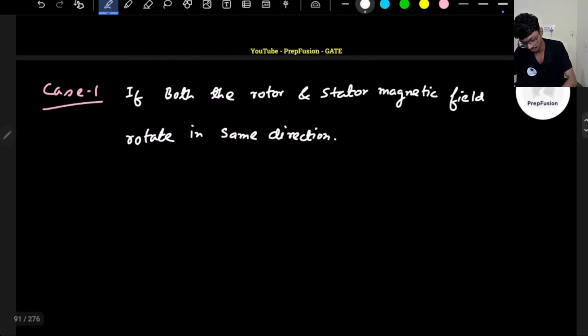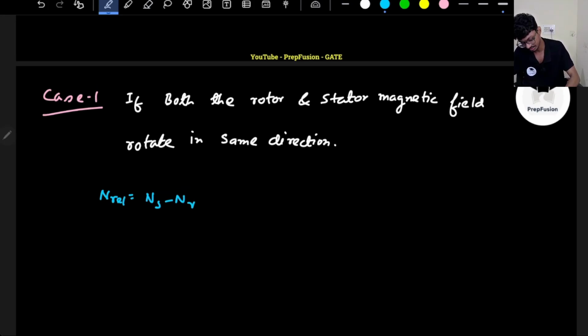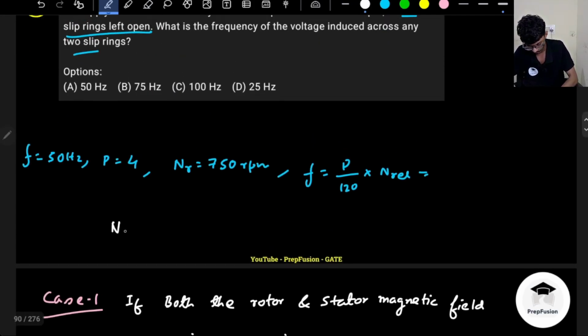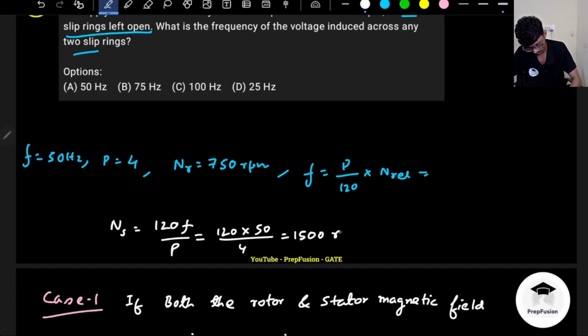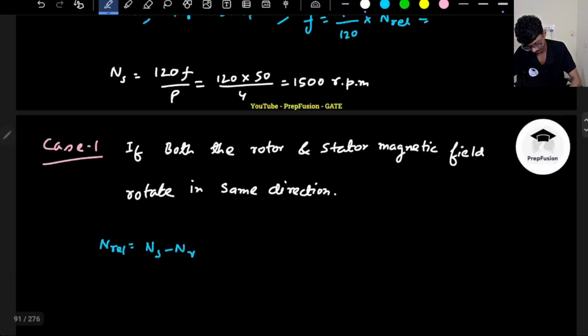So if this happens, then what is my N relative? N relative will be Ns minus Nr. First of all, I will derive my Ns. Ns, if you remember, is simply 120 f by P. So Ns will be 120 times 50 divided by 4, since it is a 4-pole machine, so it is 1500 rpm.